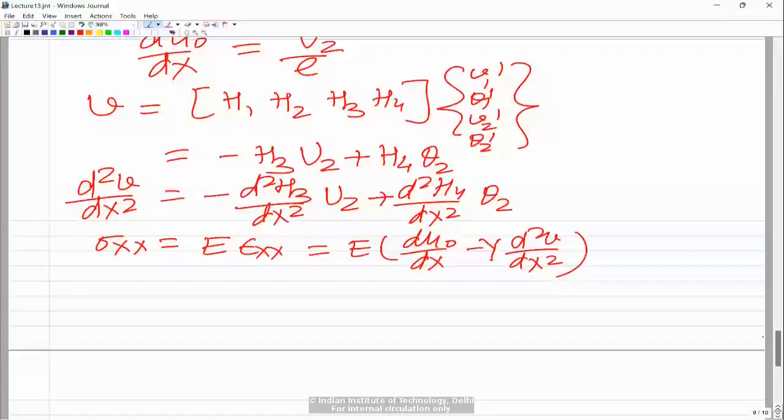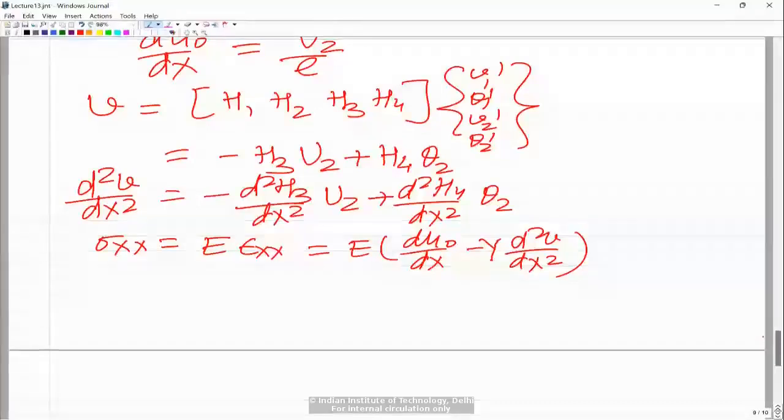Now similarly, let us look at the post processing for element number 2.